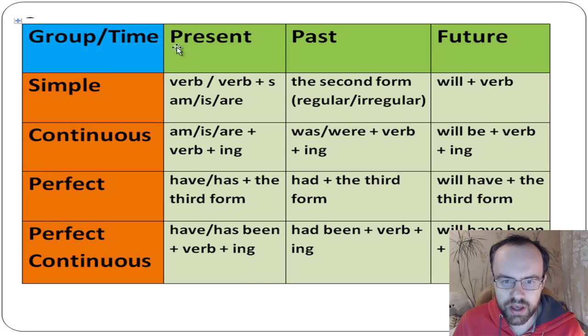So you see that there are three different times. You see a group, yeah? Below: simple, continuous, perfect, perfect continuous, and time. So present, past, and future, okay? So let's look at the first group.